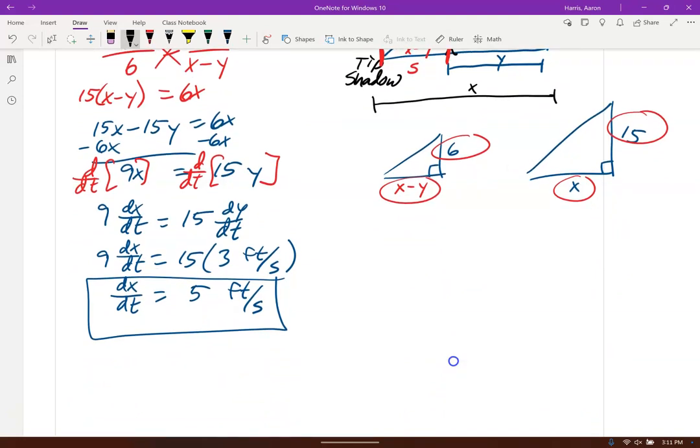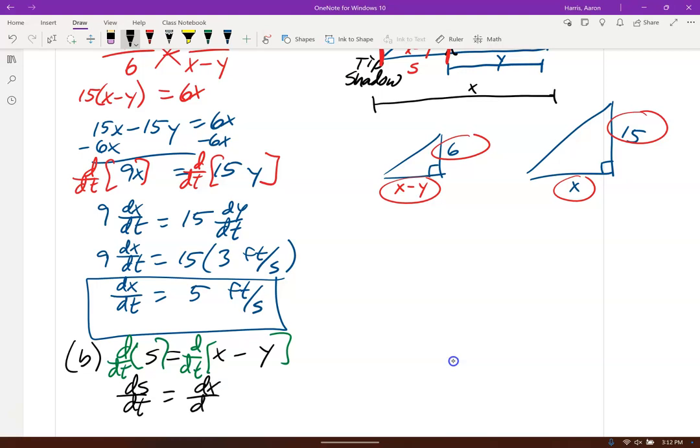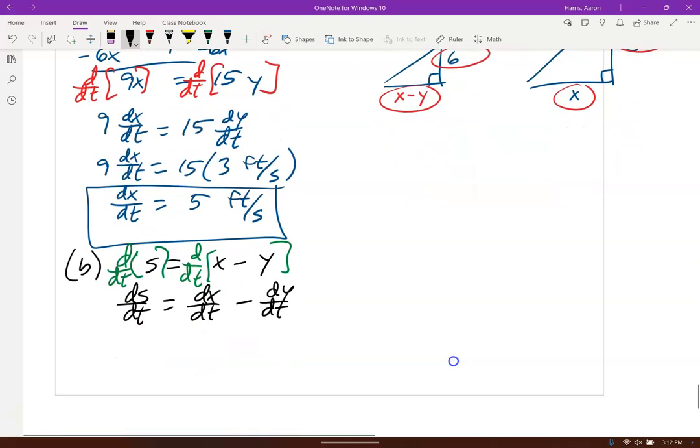Well, this would be part B, I guess we called it. We know the length is x minus y. So let's go ahead and take that derivative with respect to t. And we've got ds/dt equals 1 dx/dt minus 1 dy/dt.